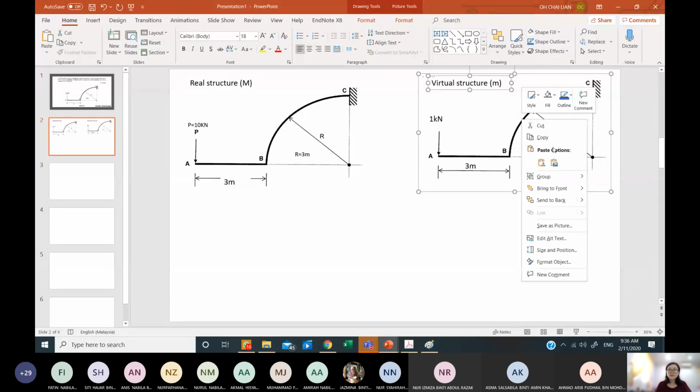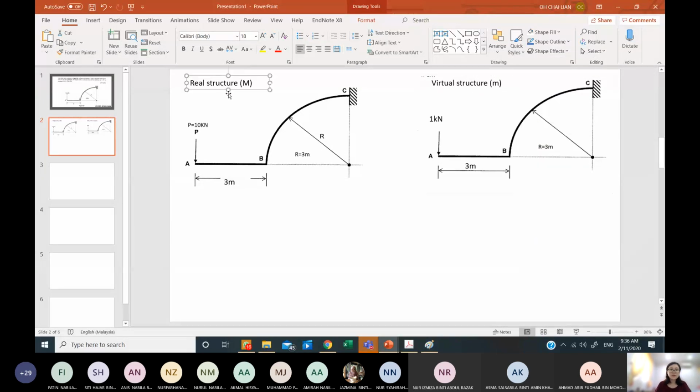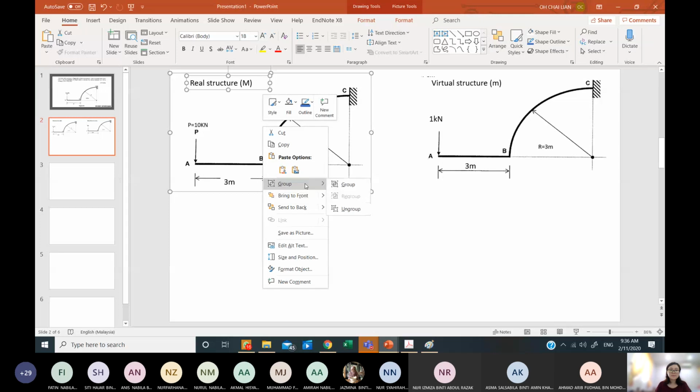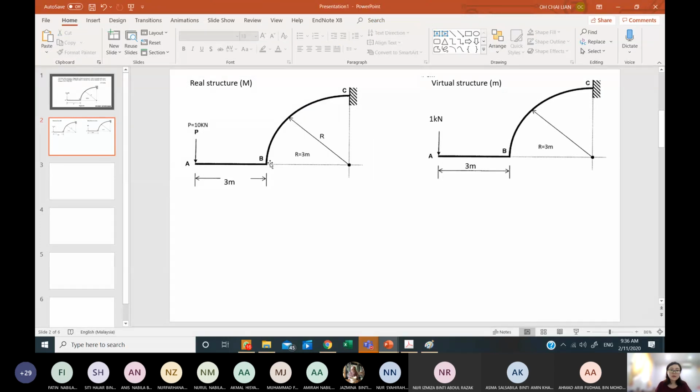Then I need to cut the section. Now this BC, since it is not a straight line as AB, you need to cut one more section. So there will be a total of 2 cut sections here.